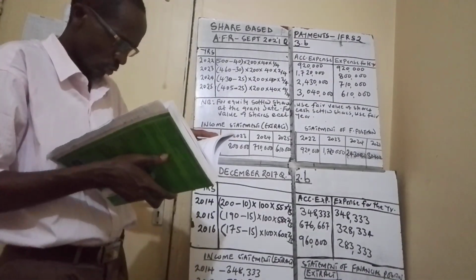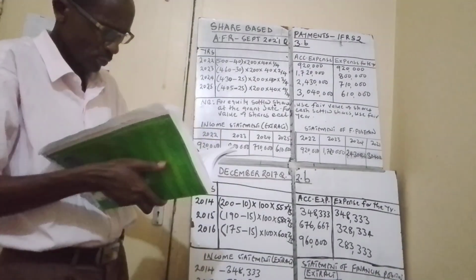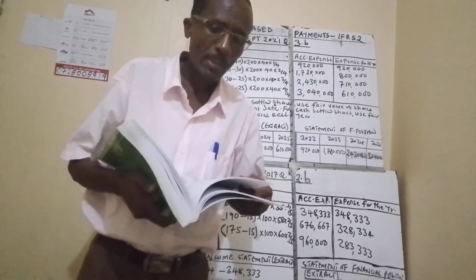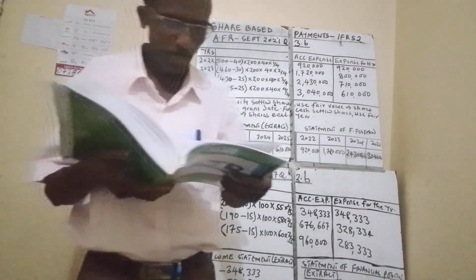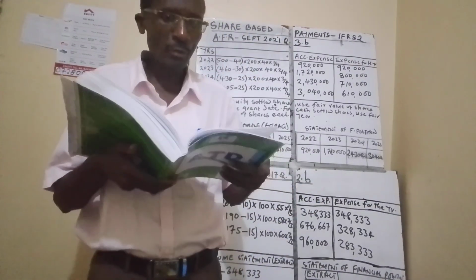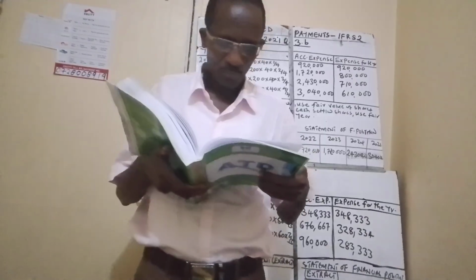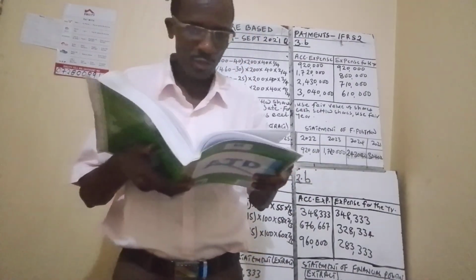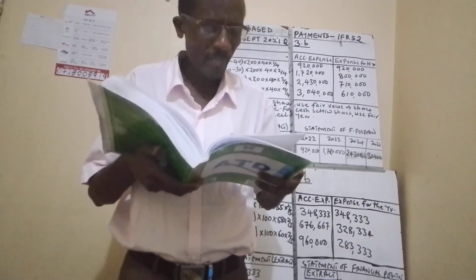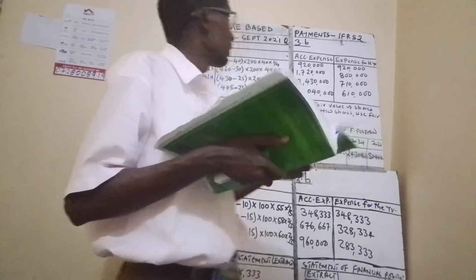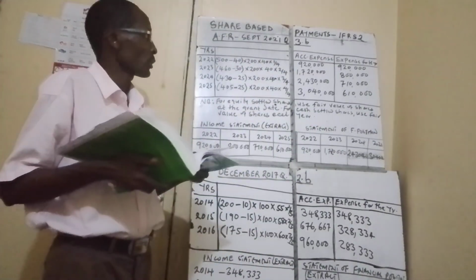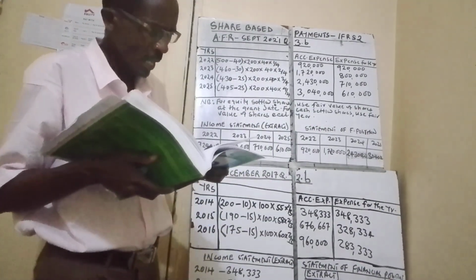I told you to have the papers with you so that we can move faster. I'll project that paper in front of your camera. I don't know whether it is in front or at the back, but let me read that question. That is September 2021, question 3b.